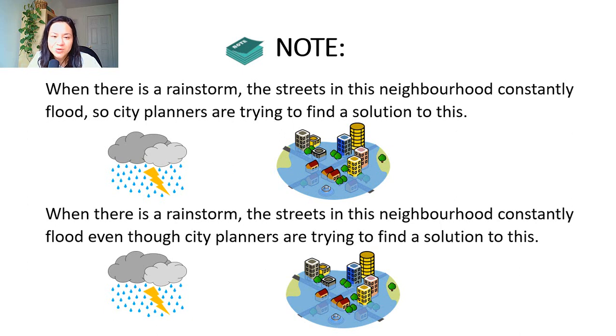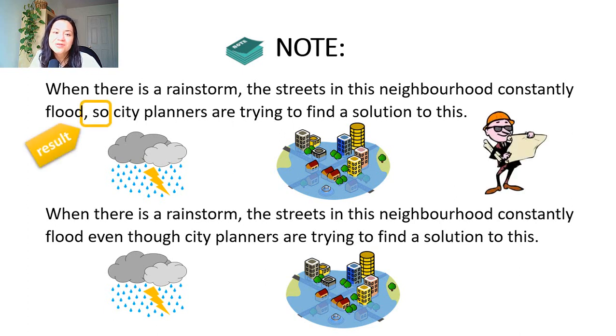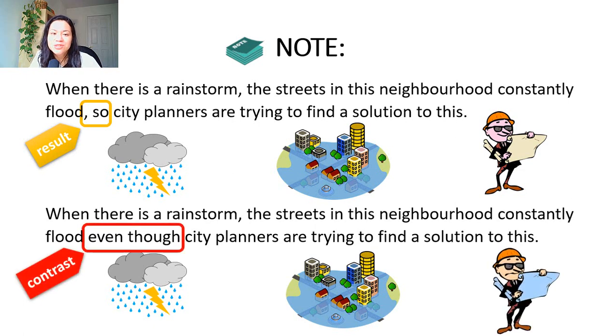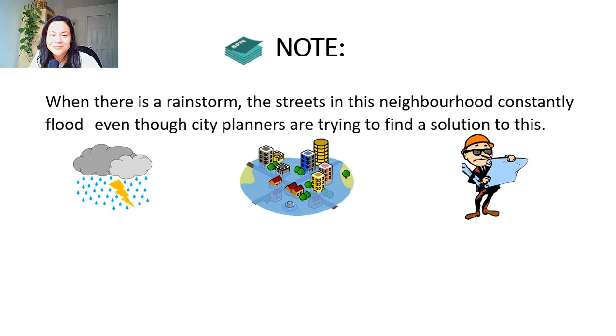When there is a rainstorm, the streets in this neighborhood constantly flood, even though city planners are trying to find a solution to this. While one is a compound complex sentence which shows a result, the other is a complex sentence which shows a contrast. It's important to consider what the relationship is between the sentences you are writing and what you want to emphasize to your reader.